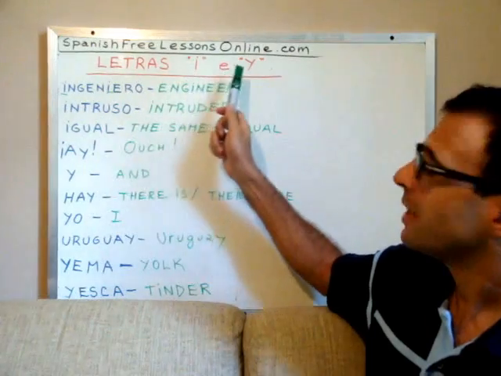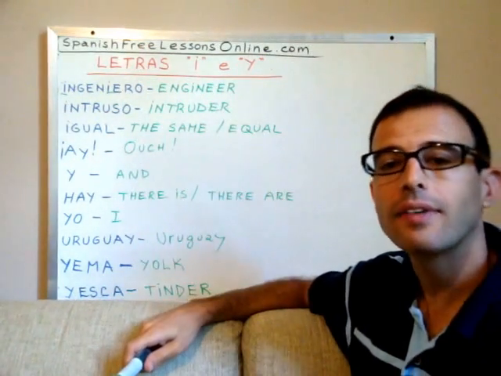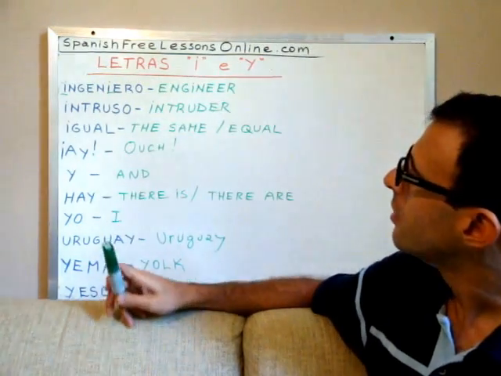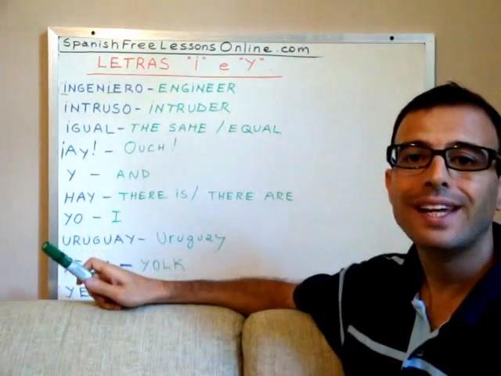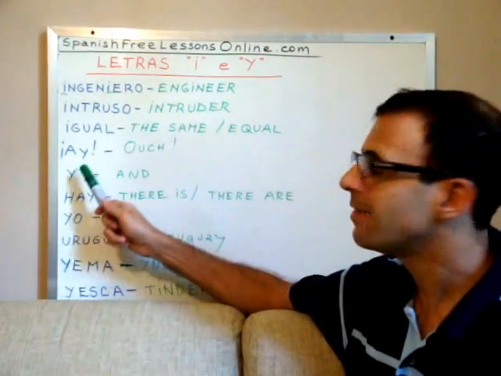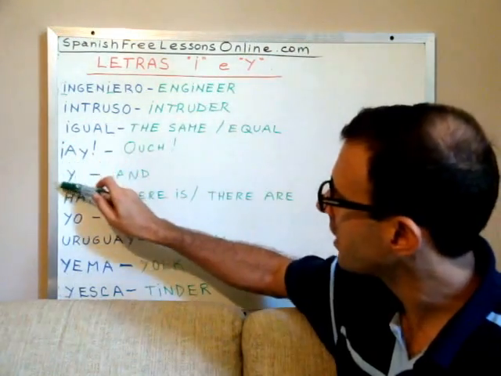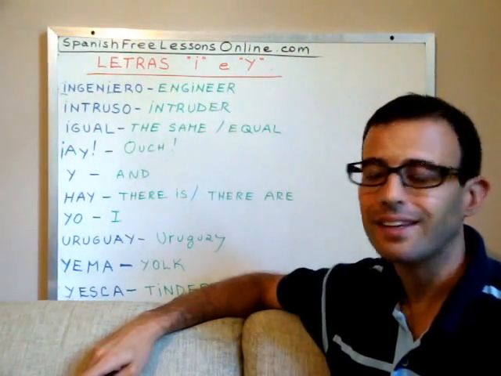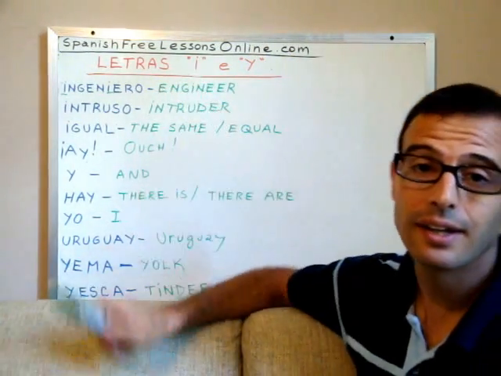But the Y, right, the Y, has two different pronunciations. So let's see. When the Y is written at the end of a word, or just by itself, like here, it's always pronounced I, the same as the I Latina.